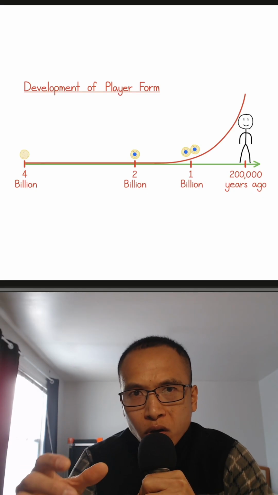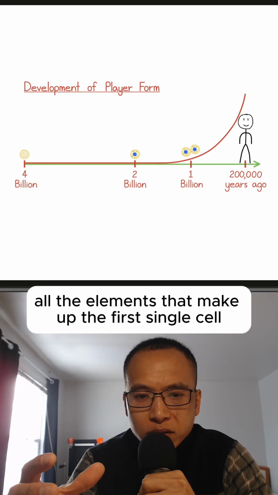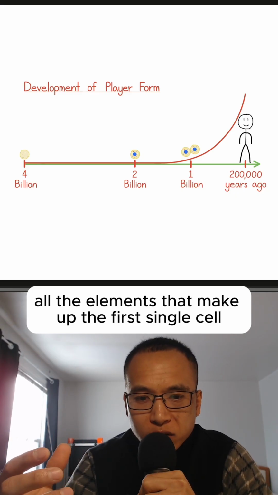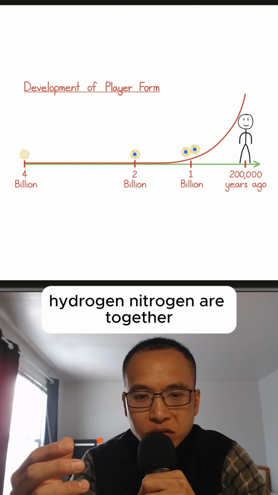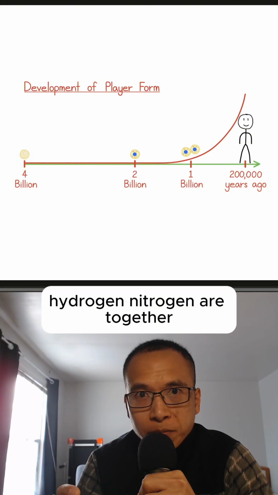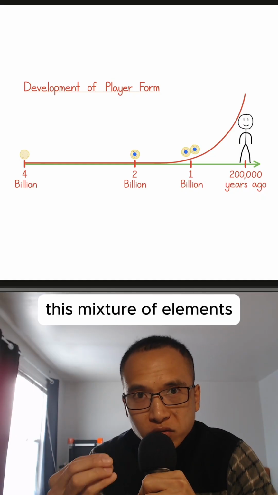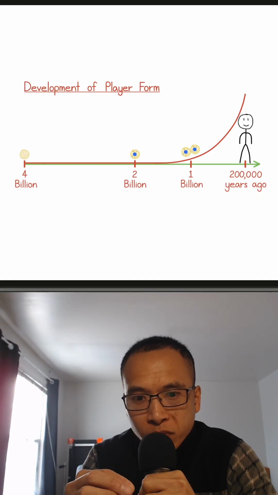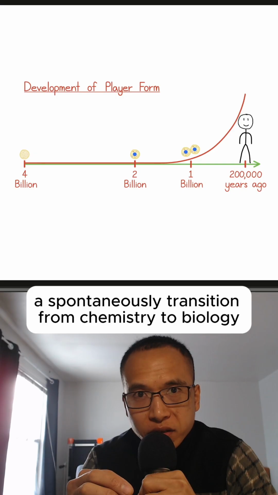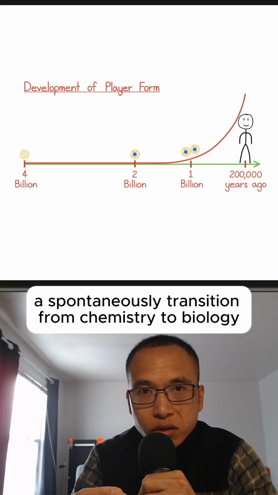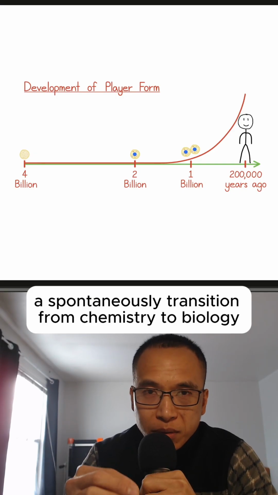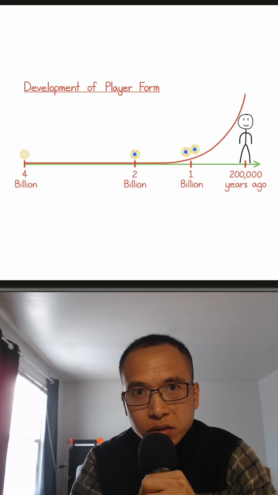In other words, all the elements that make up the first single cell, oxygen, carbon, hydrogen, nitrogen, are together at one particular location. This mixture of elements spontaneously transitions from chemistry to biology.